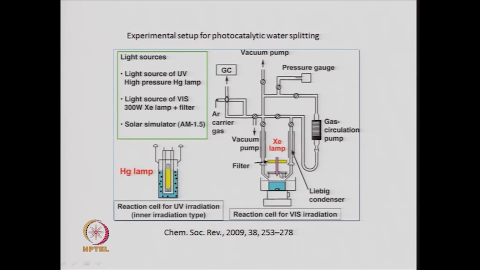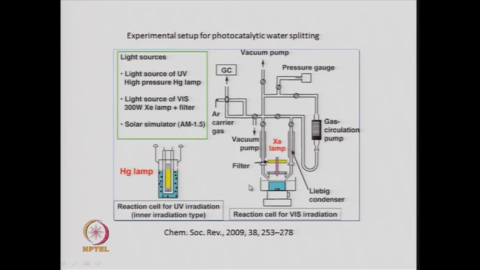So, both the xenon lamp and the mercury lamp can be used. The xenon lamp gives out visible radiation. So, if your catalyst is visible light active, then you use a xenon lamp. If you are looking for UV radiation, then a mercury lamp is fine.